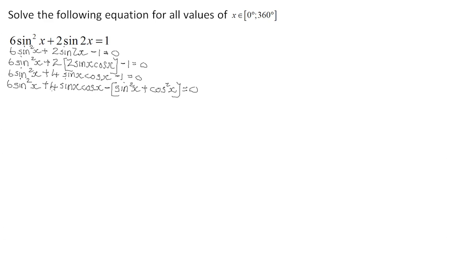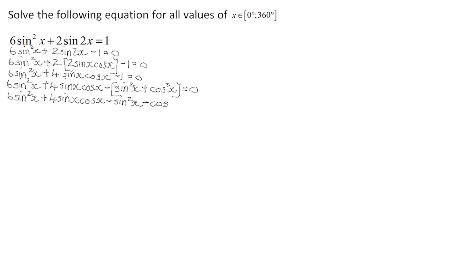Now we need to multiply the minus out and then get our quadratic equation. Sine squared x plus 4 sine x cos x minus, and a minus and a plus gives you a minus sine squared x, and then a minus and a plus gives you a minus cos squared x.